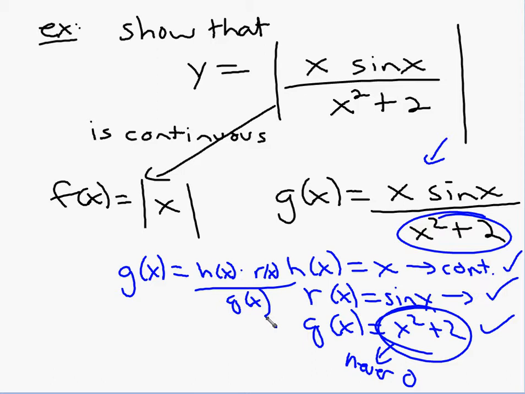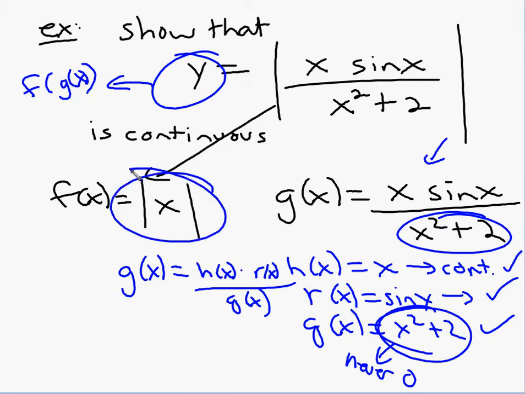And this thing up here is just f of g. Oh, we forgot to talk about the absolute value function. Is the absolute value function continuous? It is. So every piece of this thing is continuous. So you have to break it up and look at every piece.